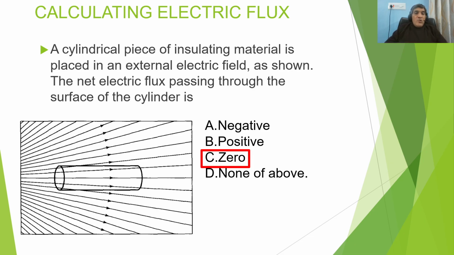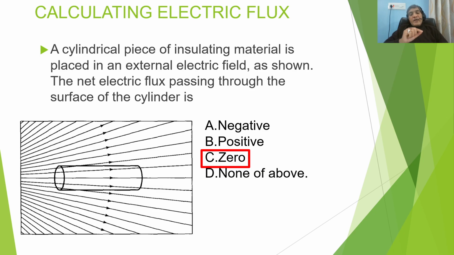So here is another solved example for calculating the electric flux. A cylindrical piece of an insulating material is placed in an external electric field as shown in the figure. What is the net electric flux passing through the closed surface, that is the cylinder? First of all, I want to explain this question in other words. Basically, this is a cylinder which doesn't have any charge inside it, and we put some charge outside the cylinder.